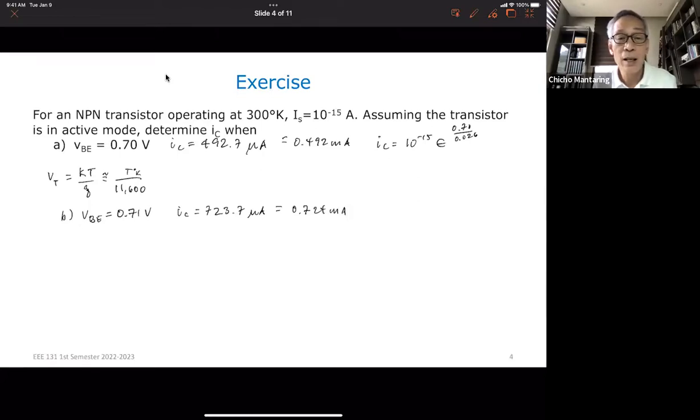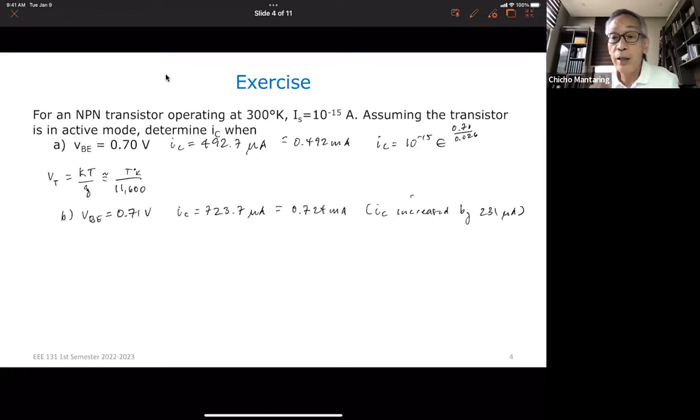That's about 231 microamperes. So your IC increased by 231 microamperes.